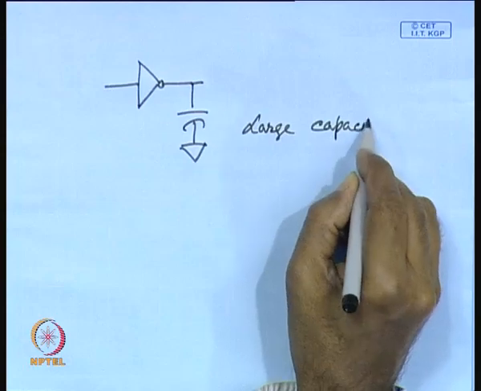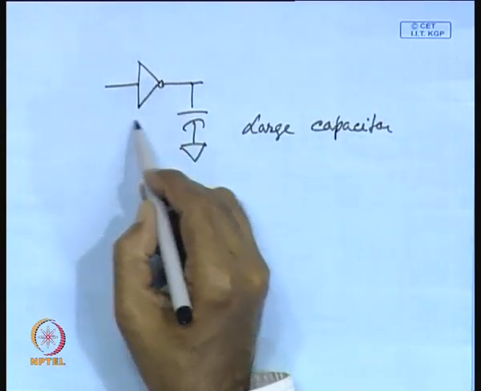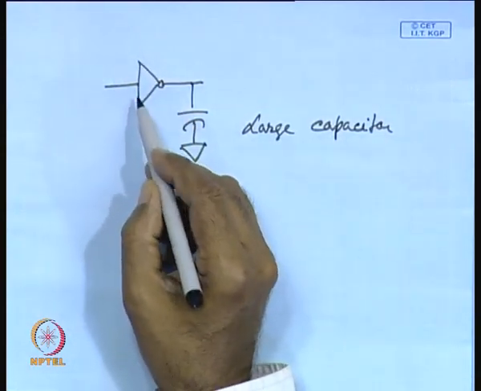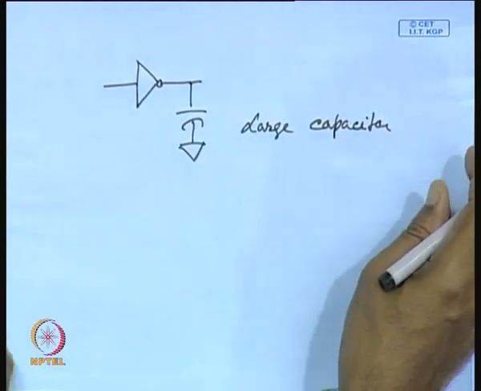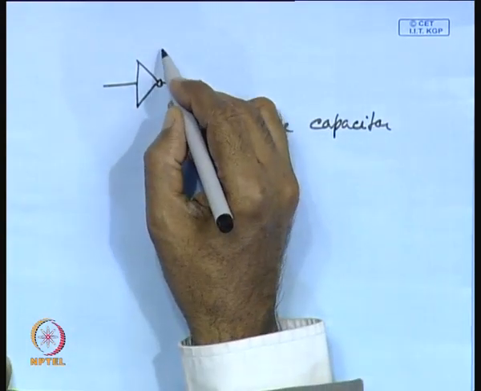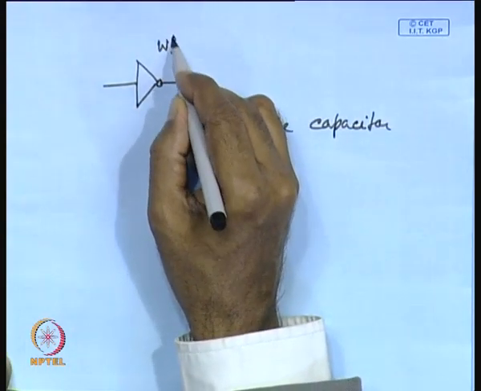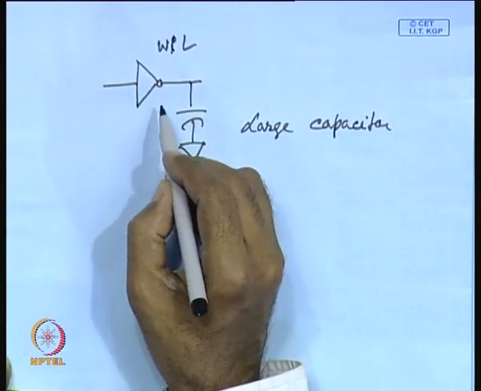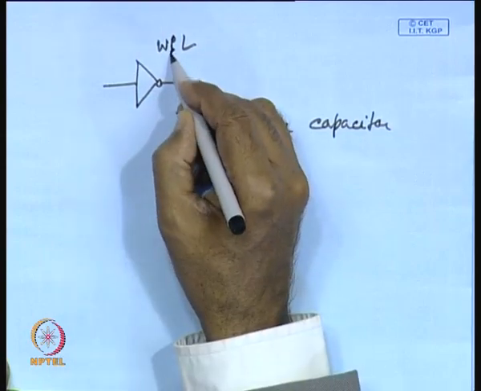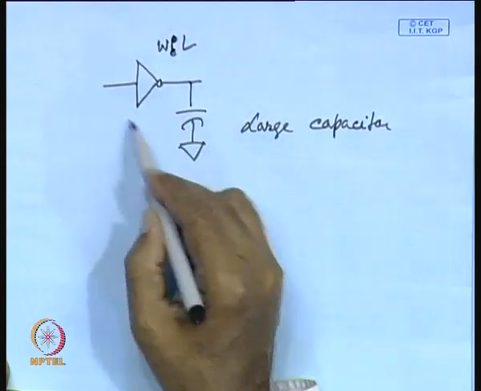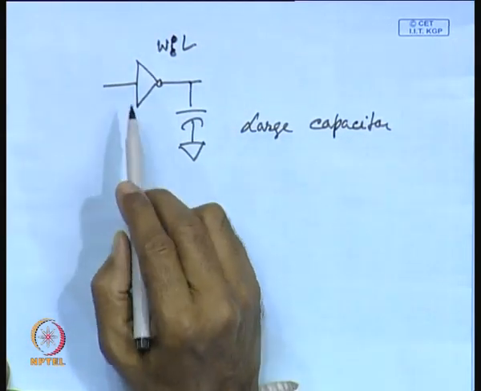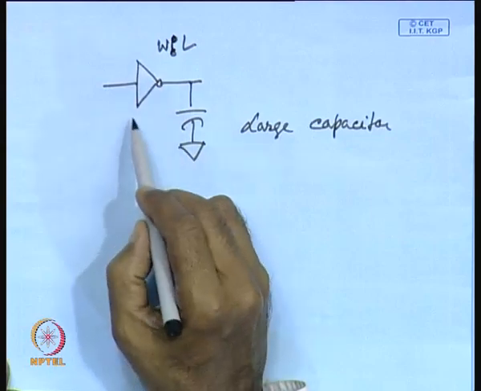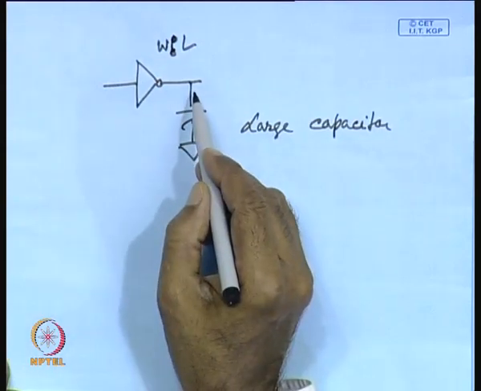We have seen that you can use inverters with a higher W by L. That means, W by L ratio is increased, and instead of single stage, multiple stages can be used to achieve smaller delay. So, transistor sizing is very common in reducing the delay.